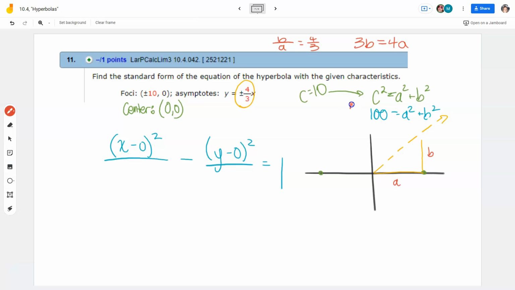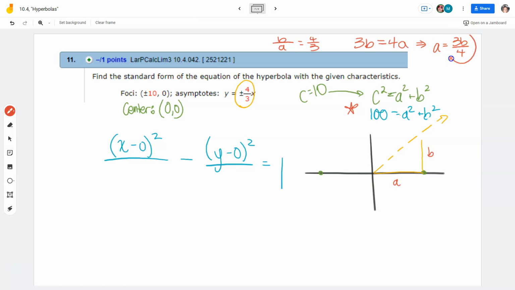I do know that c is 10, and that's an important fact. I do know that 100 is equal to a squared plus b squared. And I know that 3b is equal to 4a, otherwise known as a is equal to 3b over 4.